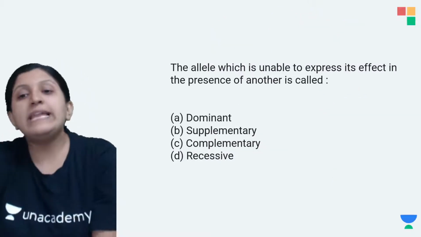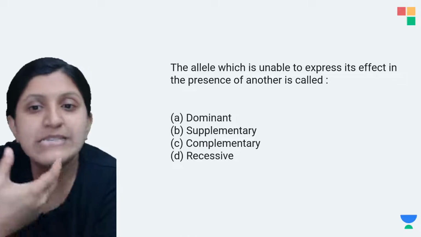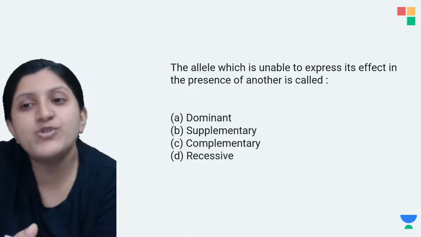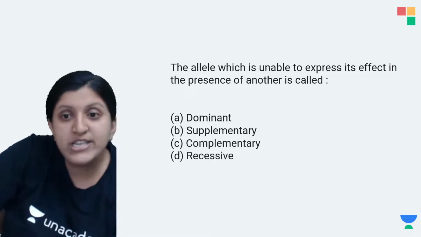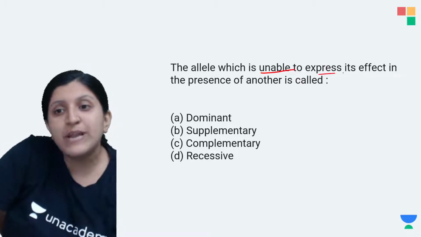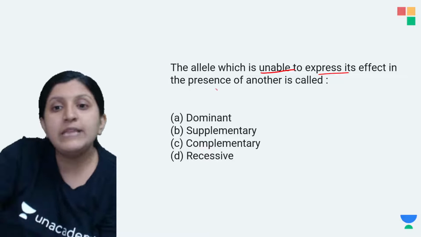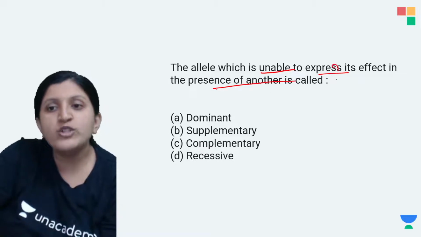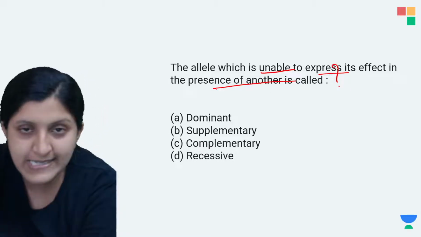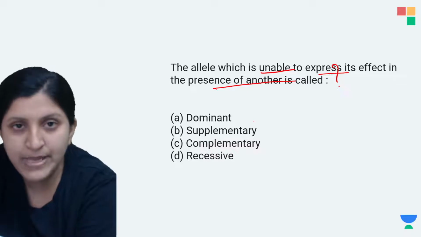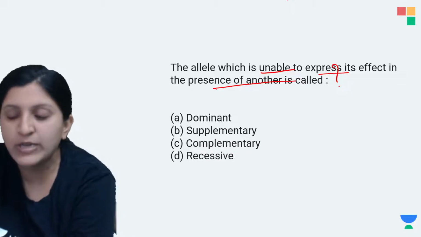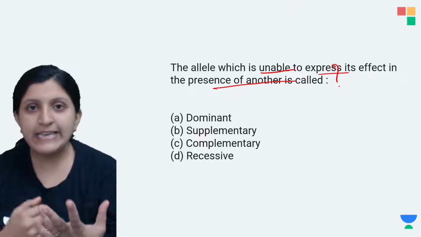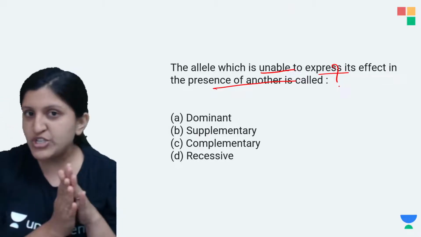Okay, so allele which is unable to express its effect in the presence of another. So what is mentioned here? Allele which is not able to express its effect in the presence of another. So what do we call that? Whether it is a dominant, a supplementary one, a complementary one, or the recessive one. So what exactly is this one? So allele, now alternative forms of genes are there.